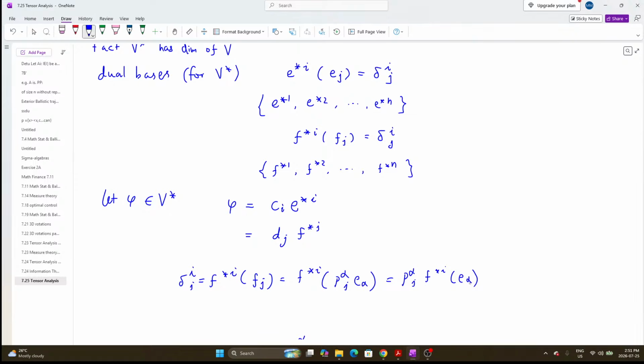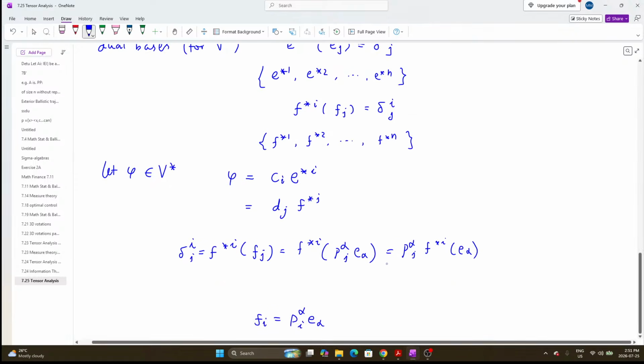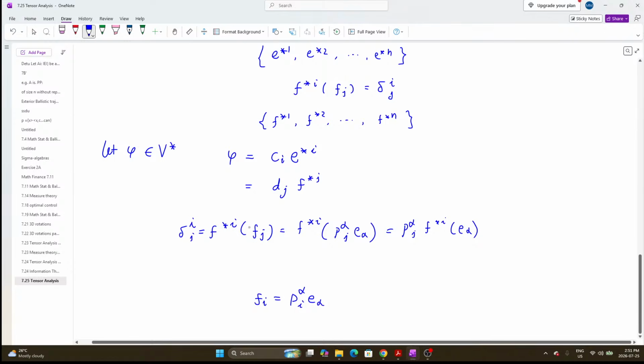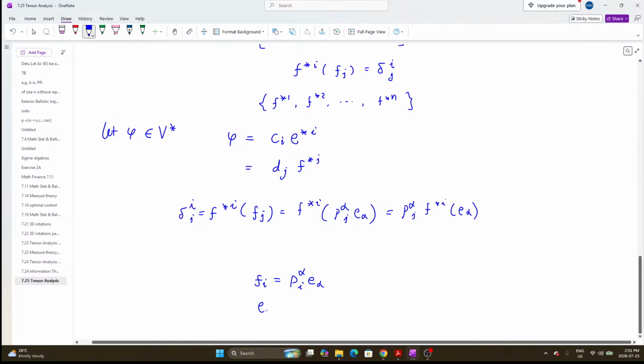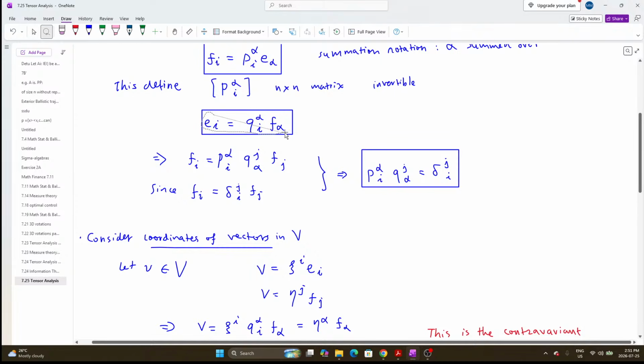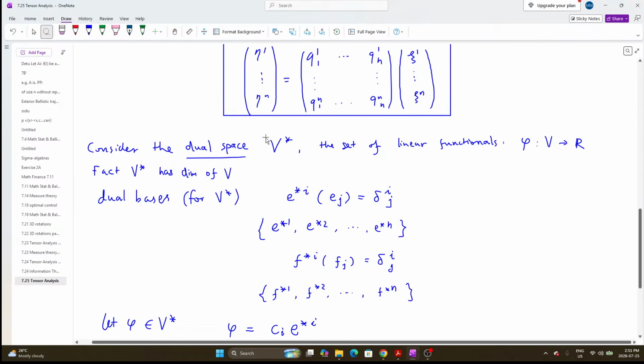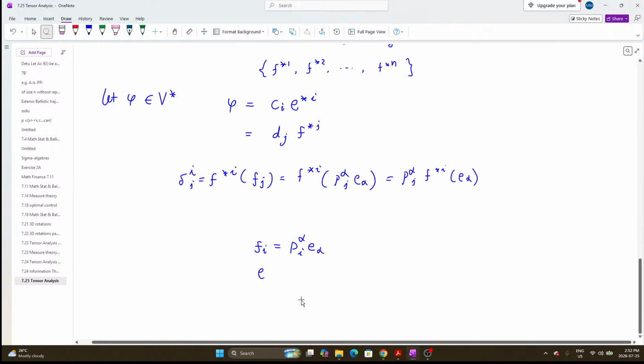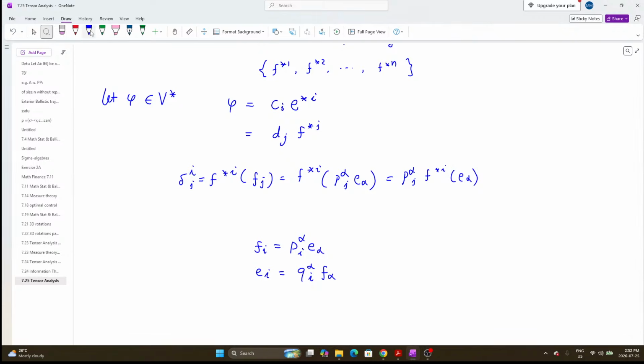You can write E alpha in terms of F. So here we use the expression for F, and also for E alpha. What is E in terms of F? It's here, a bunch of Q's. This is Ei in terms of F alpha. So let's substitute that as well.